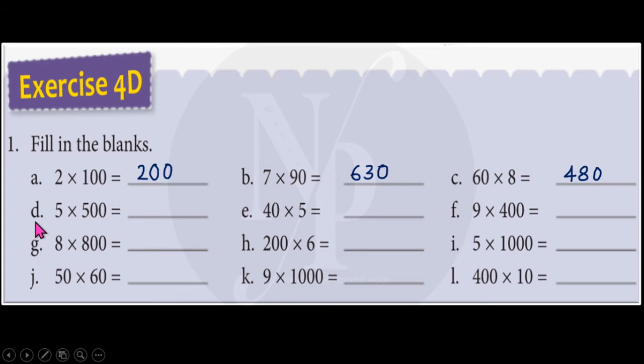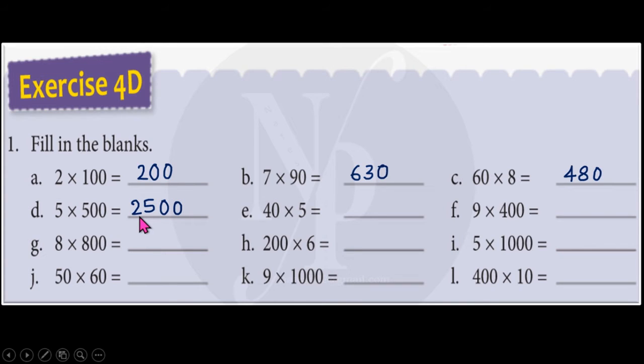Coming to question D, we have 5 into 500. Let's multiply 5 and 5 first. 5 5s are 25. Let's write 25 here just beside the equal to sign. Here 2 zeros are there, so we write 2 zeros just beside 25. 0 0.